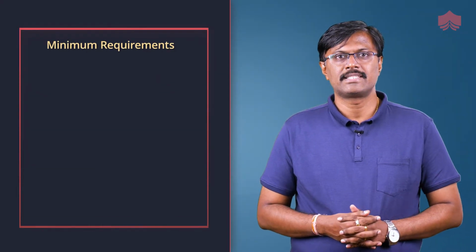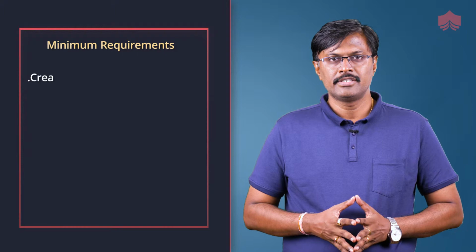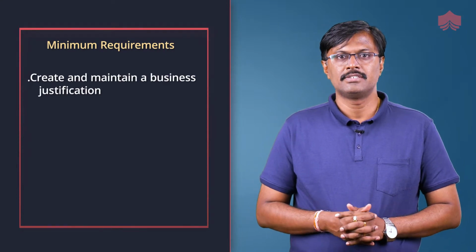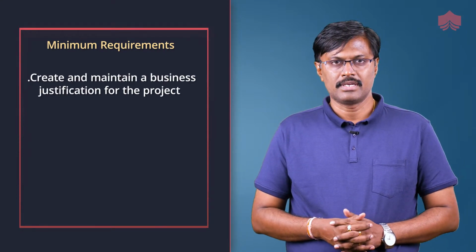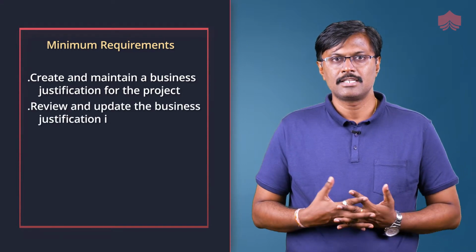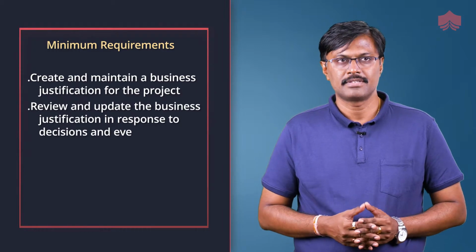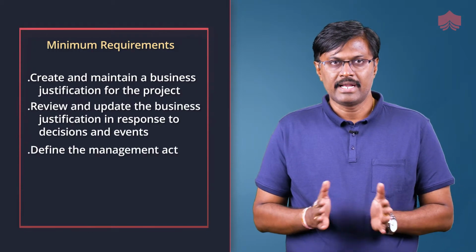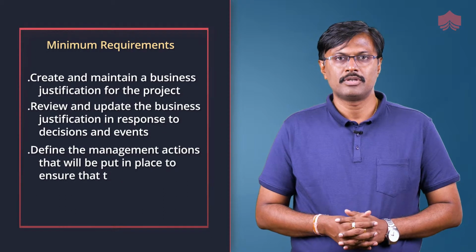As per PRINCE2, the minimum requirements for the business case theme are creation and maintenance of the business justification for the project throughout the project life cycle, review and updating of the business justification in response to decisions and events, defining the management actions that will be put in place to ensure the project's outcomes are achieved, defining and documenting roles and responsibilities for business case and benefits management, and producing and maintaining the management products, that is the business case and benefits management approach.